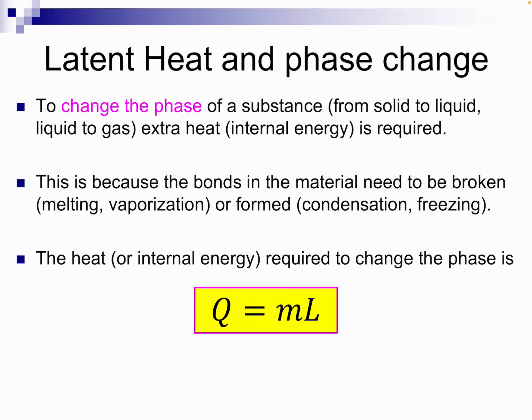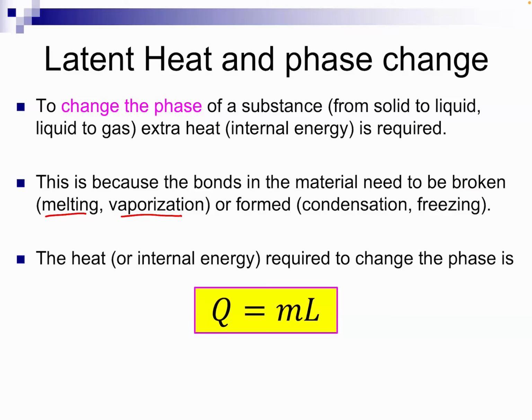The extra heat required is to break the molecular bonds in the material during melting or vaporization, right? So when you're going from ice to liquid water, the heating up of ice goes into breaking the bonds of ice so that you have water in the end. So melting and vaporization requires extra energy to break the bonds.